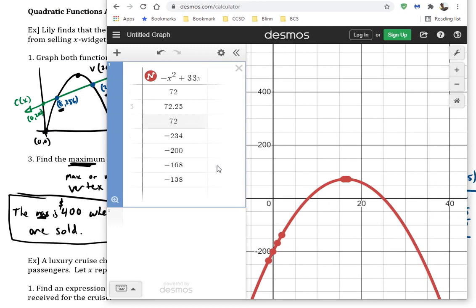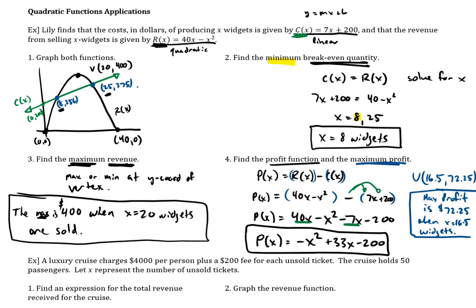It looks like rounding up to x equals 17 would give us $72. So just in case they say you can't have a half a widget, then we would round up. So the max profit is $72. I'm just going to write at x equals 17 since I'm running low on room.